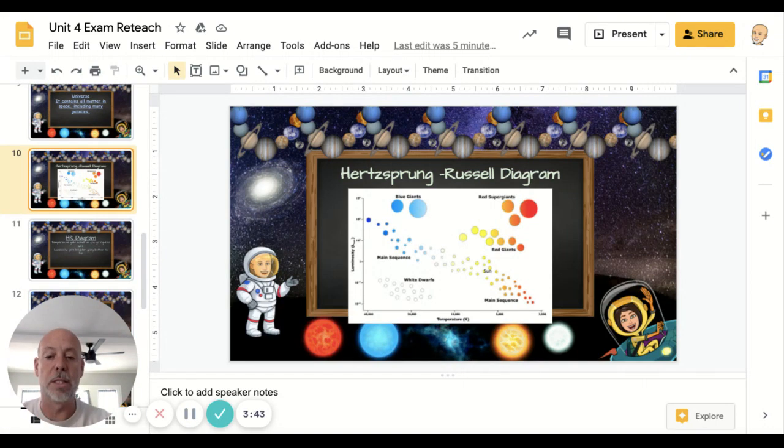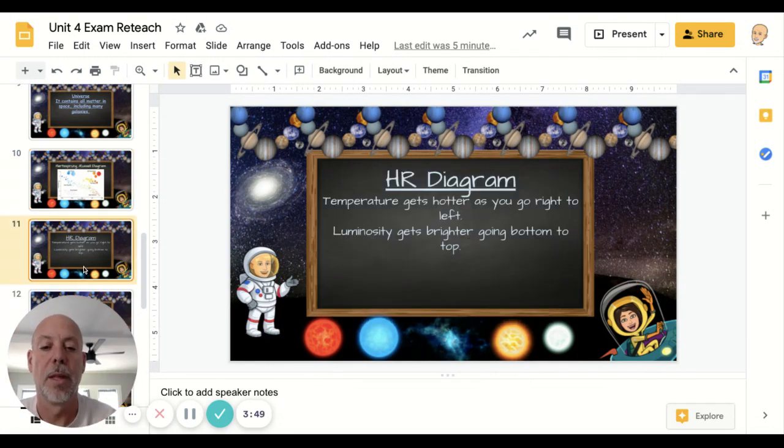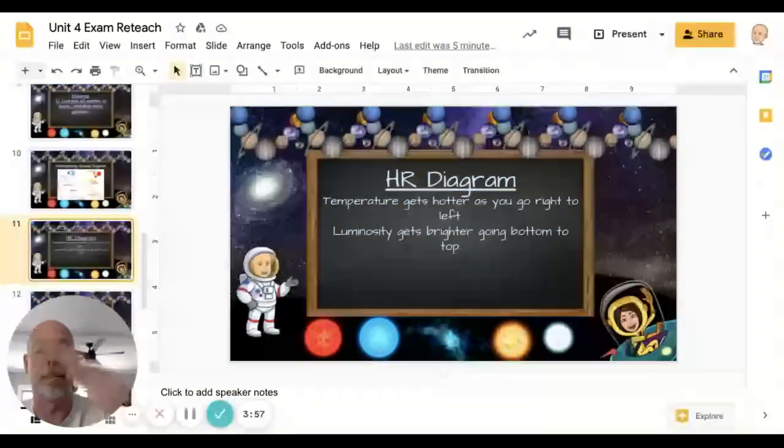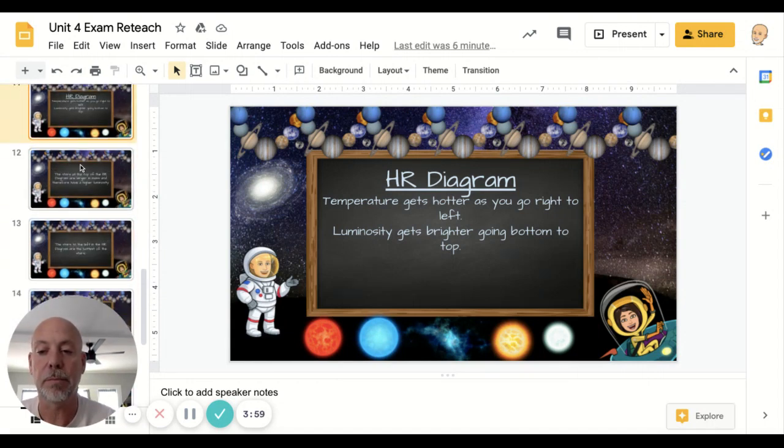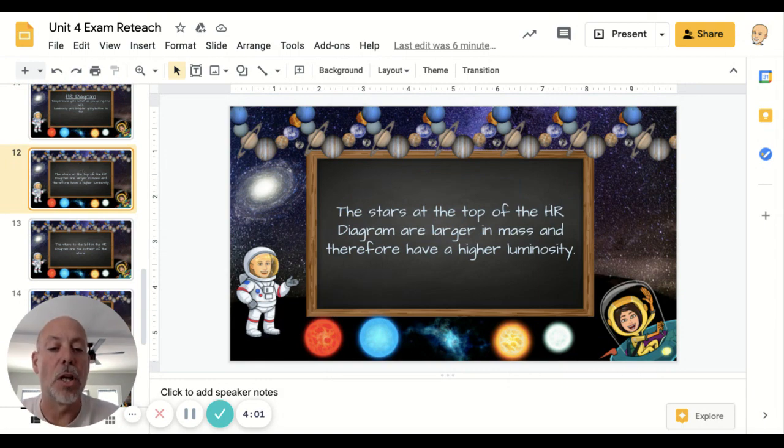So coolest to hottest, dimmest to brightest. Again, on the HR diagram, the temperature gets hotter as you go right to left. Luminosity or brightness goes from bottom to top. The stars at the top of the HR diagram are larger in mass, and that's why they have a higher luminosity.